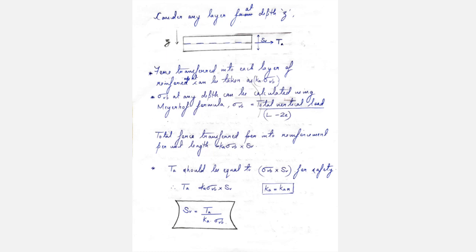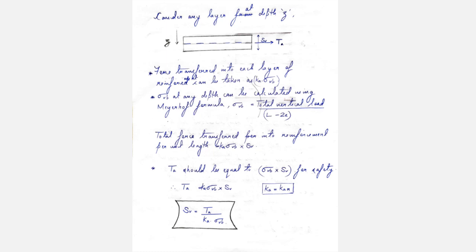Due to the forces exerted on the reinforcement, the actual force transferred into each layer of reinforcement will be KAR, the coefficient of active earth pressure of the reinforced soil fill, into sigma VB, the effective stress at that depth of the reinforcement. So KAR into sigma VB will give you the force acting at a particular depth of the retaining wall in a reinforcement layer.